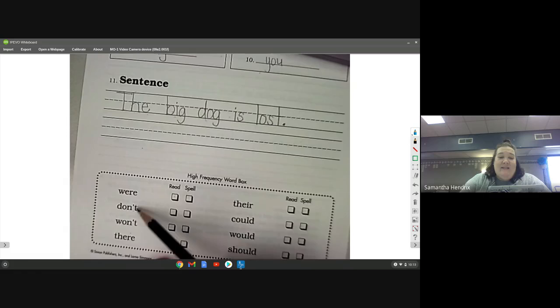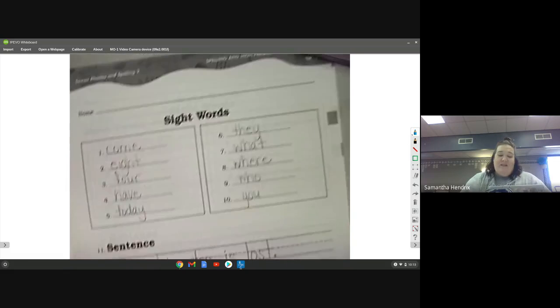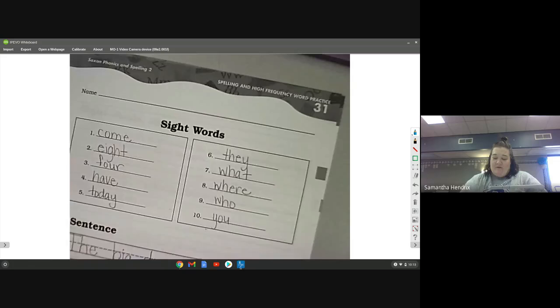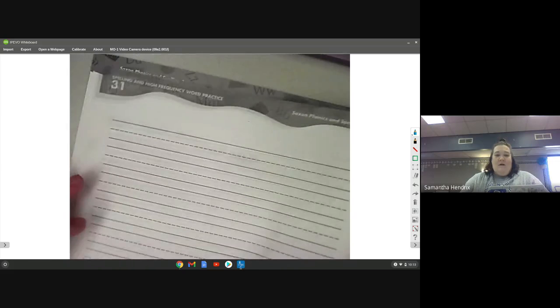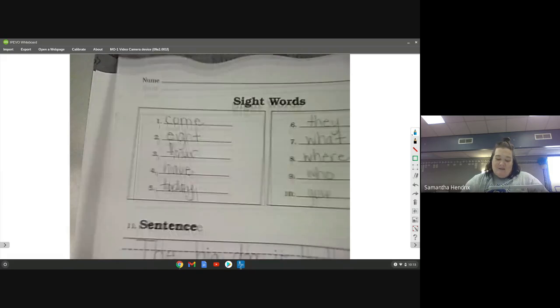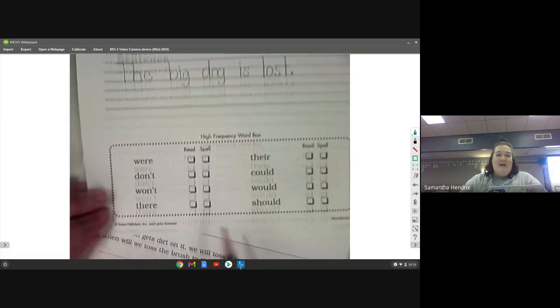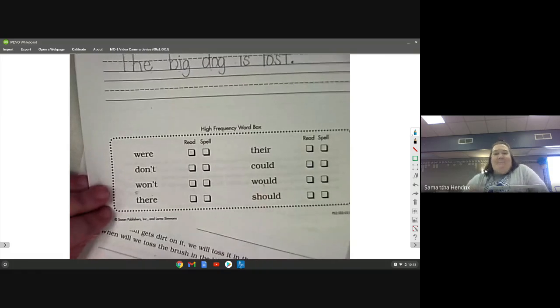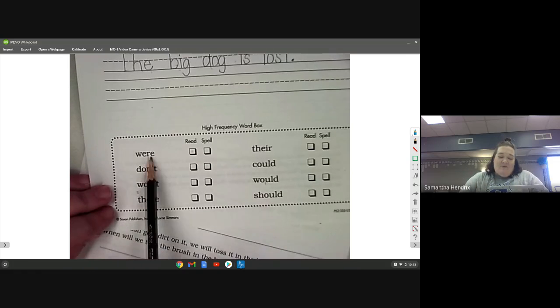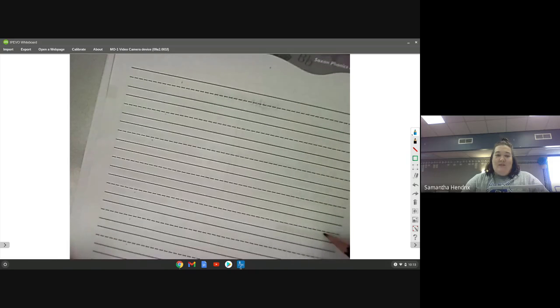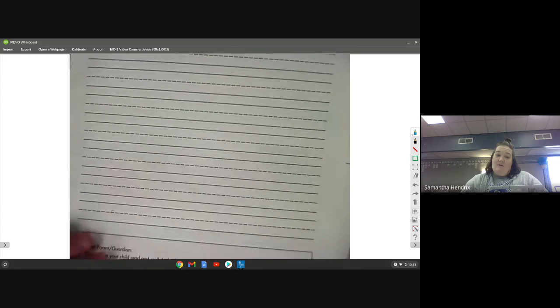Write or read and spell these. Okay? Look at the back of this page. 8 lines. Guess what? You have 8 words here. You have to use each word in a sentence and then write the sentence here with the word.